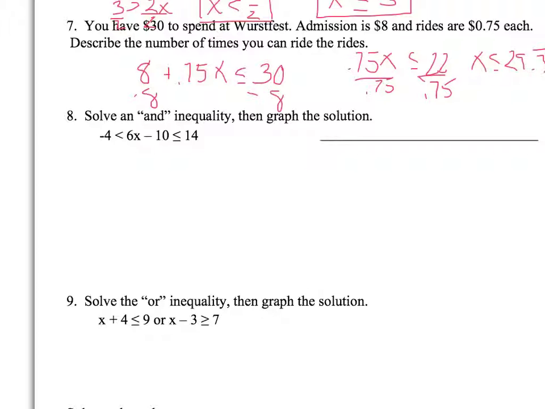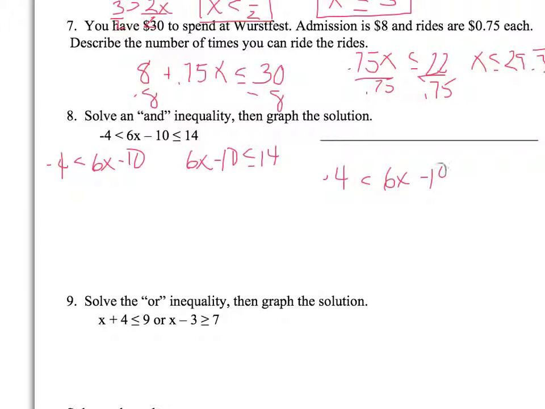So, 2 ways you can do this. Negative 4 is less than 6x minus 10, and then you can make a second inequality, 6x minus 10 is less than or equal to 14, and solve both inequalities for x. Or you can do it the fast way, keeping in mind that these are both 2 inequalities.